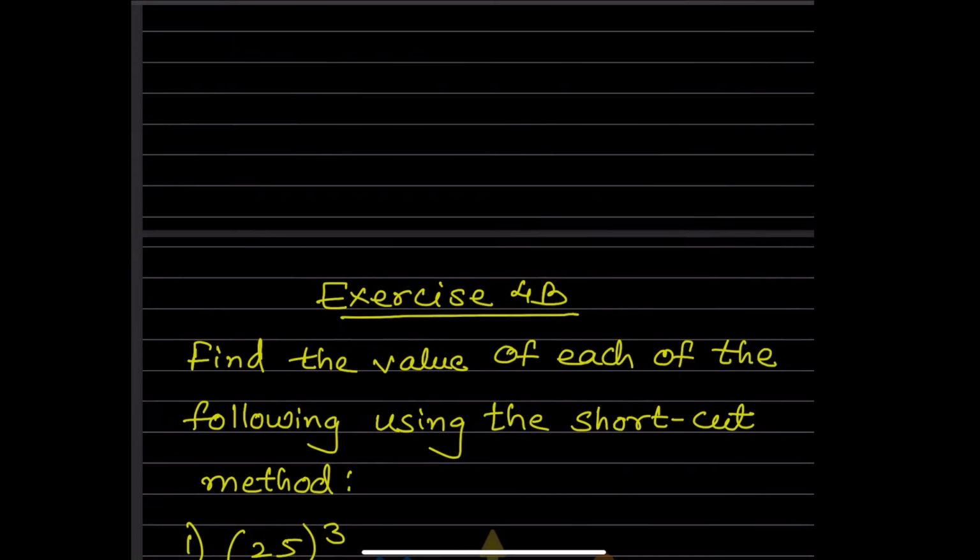So before starting the topic, we have seen in the previous part, that is exercise 4a, there is one correction. In question number 4, it should be a perfect cube and not square.